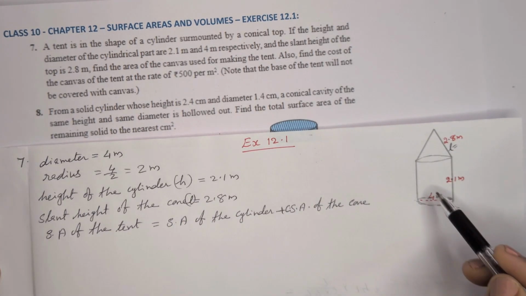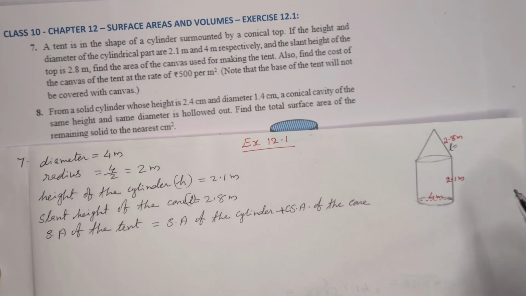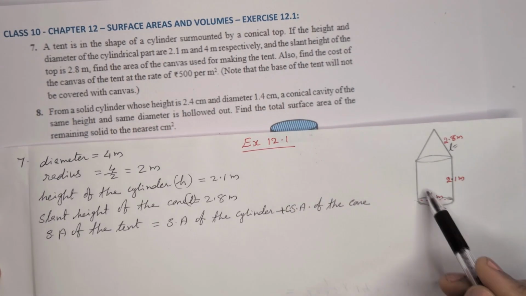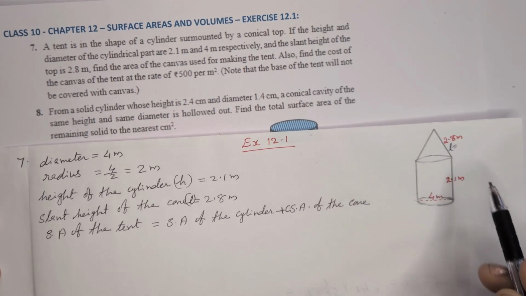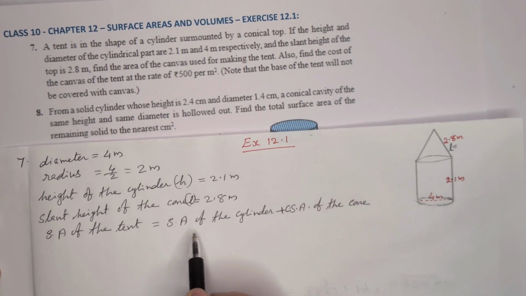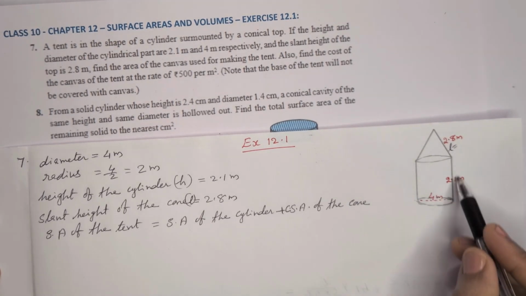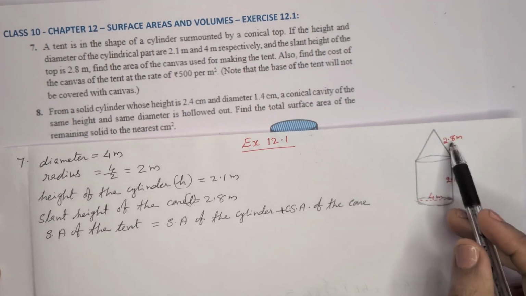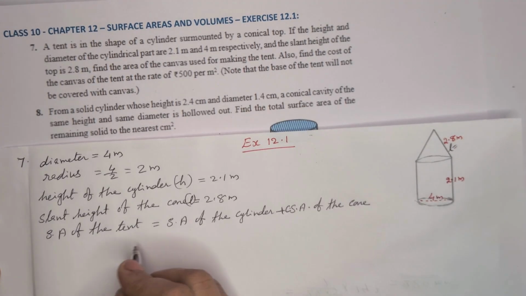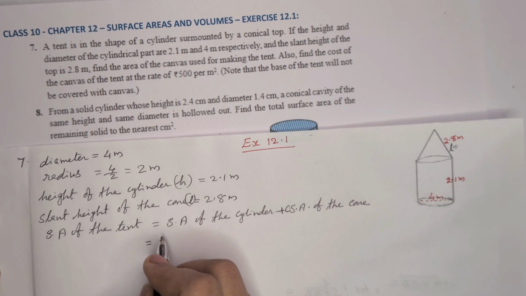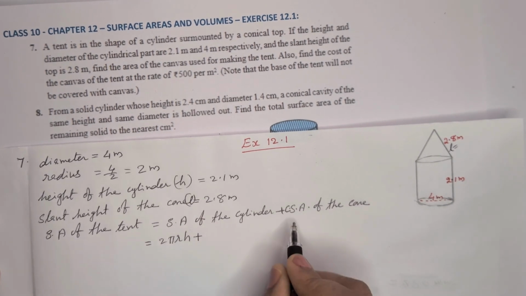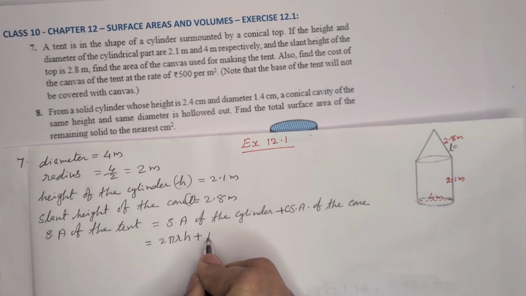Then how much canvas is required to make this tent is equal to the total surface area of the tent, which is equal to surface area of the cylinder plus curved surface area of the cone. So surface area of the cylinder is 2 pi rh plus curved surface area of the cone, that is pi rl.